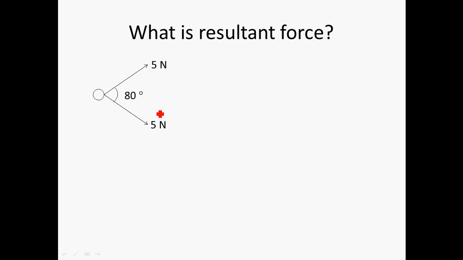But you must know that it is not a simple case of 5 plus 5, because there is some direction involved. In this case, this body will be acted on by two forces that are not parallel to each other, and eventually you can also use one single force to represent the effect of these two forces.